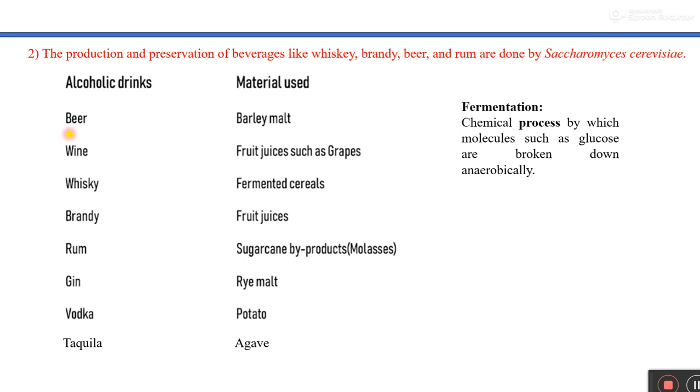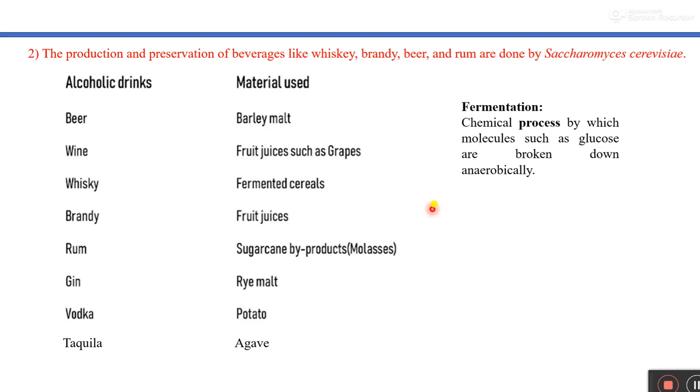And these alcoholic drinks are beer, wine, whiskey, brandy, rum, gin, vodka, and tequila, and these are derived from the fermentation of barley malt, fruit juices such as grapes, fermented cereals, fruit juices, sugarcane byproducts such as molasses, rye malt, potato, and agave, respectively.